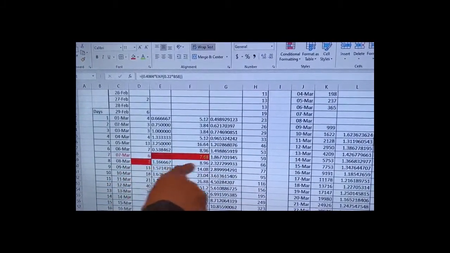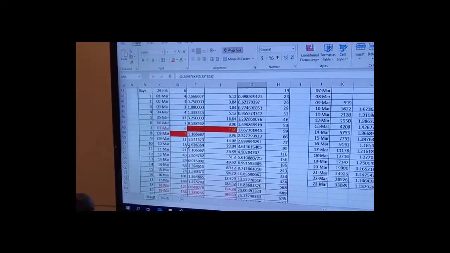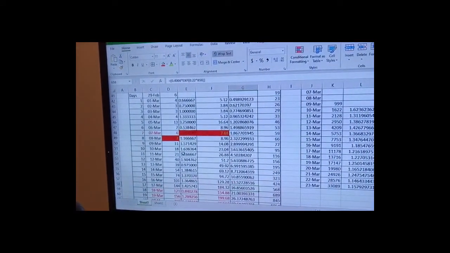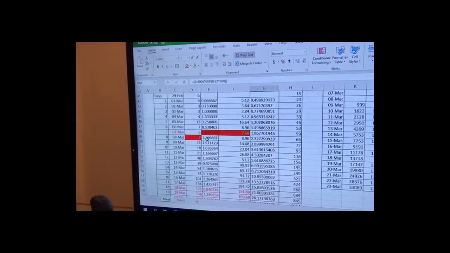Yes, sometimes in this table, sometimes we are going to get a difference of 10, 20 people. It's okay, because it's a projection. But what is not possible is if I get 500 people the next day, and the next day it's only 20 or 30.